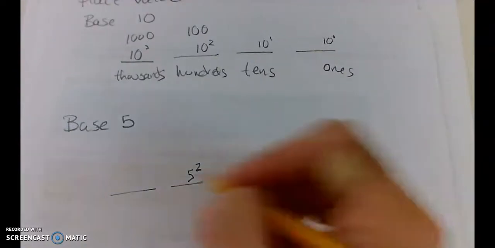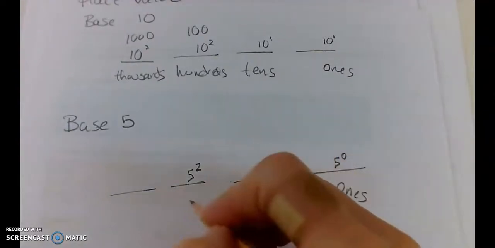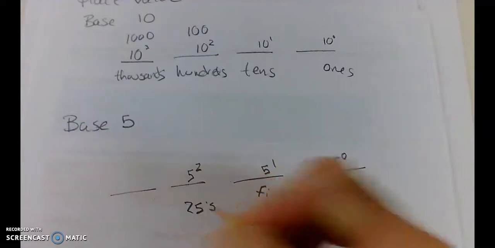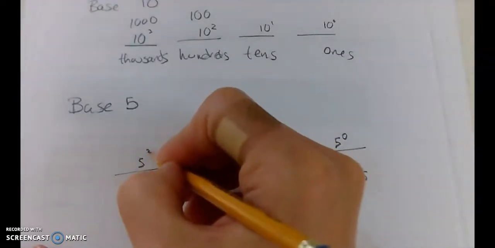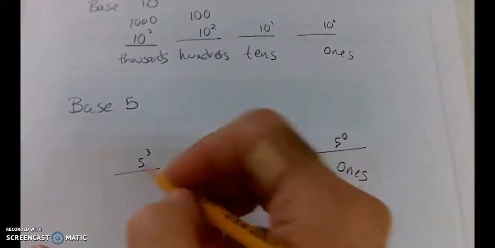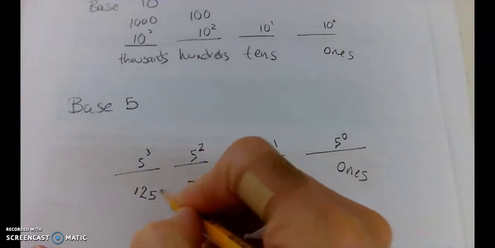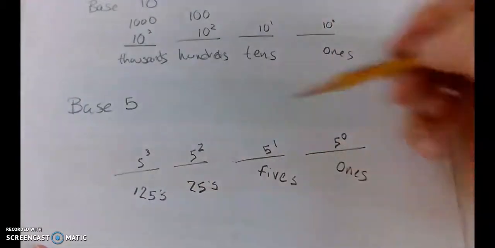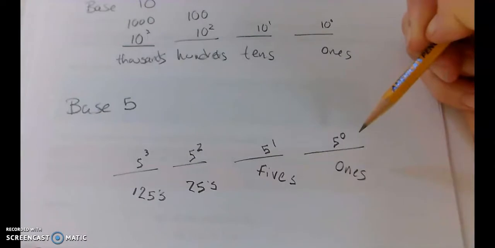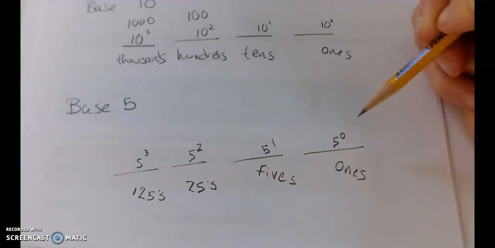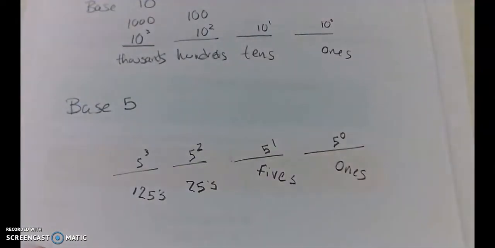I'm going to write that like this so we can visualize it. Then 5 to the third power is 125s. So our place value is going to look a lot different here in base 5, and you might already begin to feel uncomfortable, but let's work with it. Let's see what we can do.